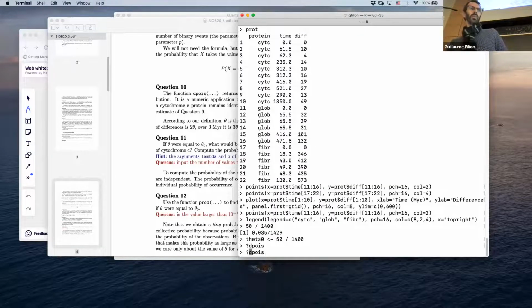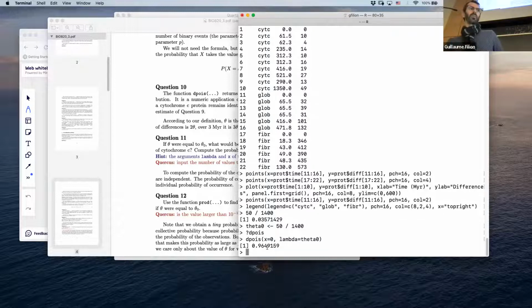So with dpois here, obviously, if the only parameter that I have is x, then it's going to be x equals 0, right? So I want 0 mutations. And I said that lambda is equal to what then? Theta 0, exactly, the value that we had just there, this 0.03 and so on.